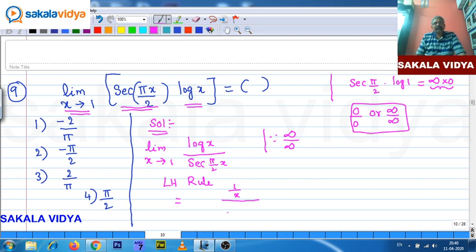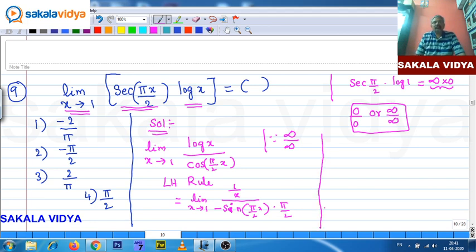Secant pi by 2 x derivative is secant, sorry, this is cos, I forgot, I made a mistake. Cos derivative is minus sin pi by 2 x into pi by 2 x derivative is pi by 2, but limit is applied how much? Limit x tends to 1 itself only.